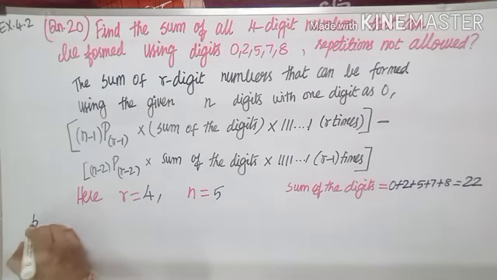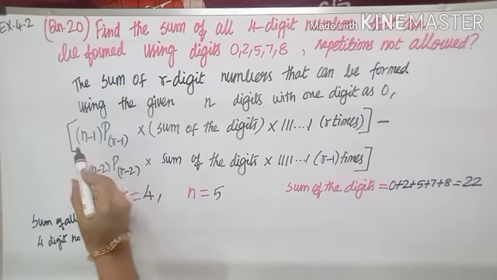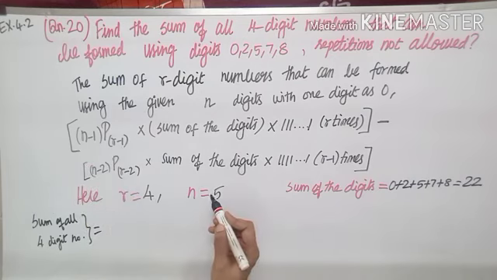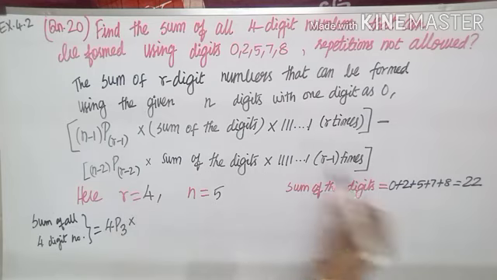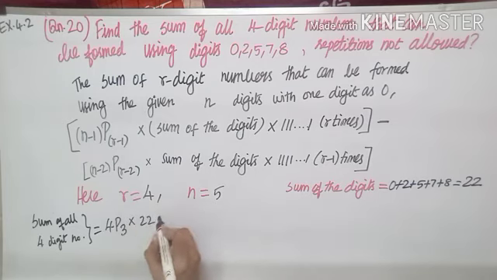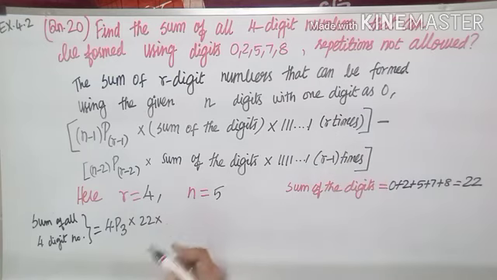So sum of all 4-digit numbers equals (n-1)P(r-1), 4P3, into sum of the digits 22 into how many ones? r times. r is 4. 1, 1, 1, 1. 4 ones I have to put.